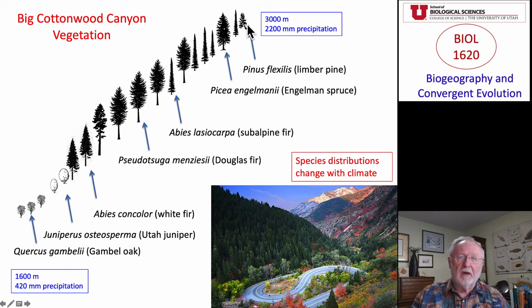So over a gradient where we end up at the top at 3,000 meters or go down to 1,600 meters, we're going to see the replacement of a half a dozen or more species along precipitation and temperature declines associated with the change in elevation.